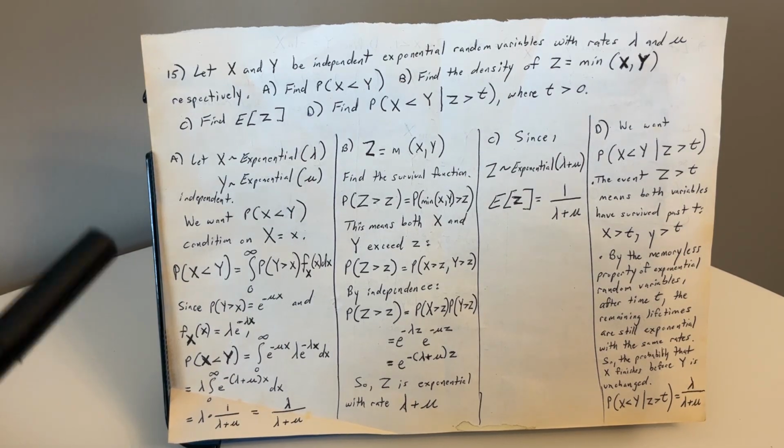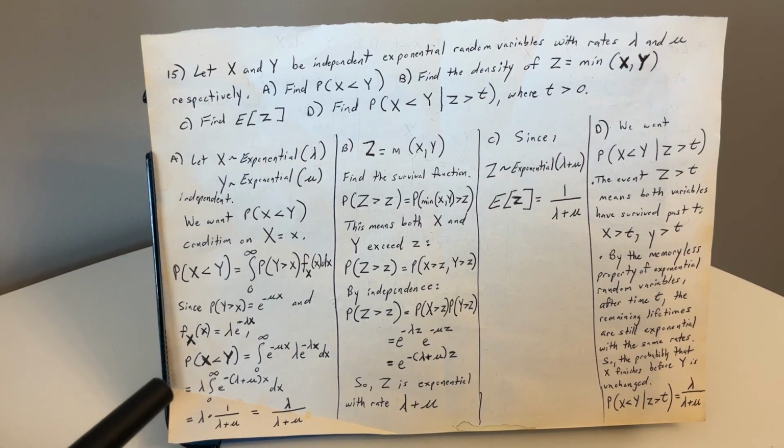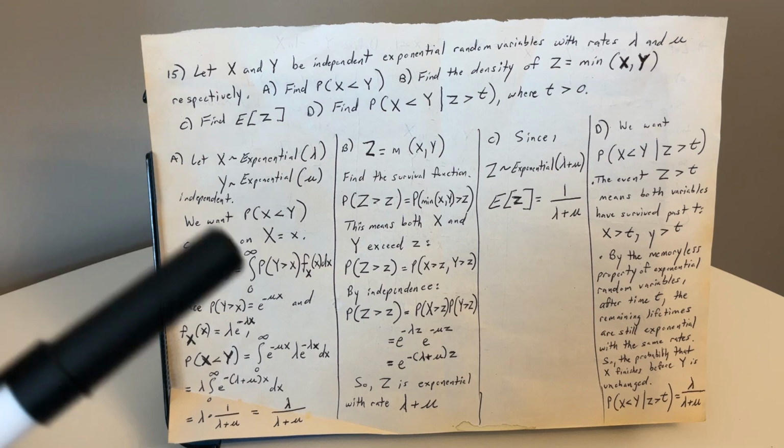If we go ahead and integrate that, you could try that on your own if you want to. That comes down to lambda times 1 over lambda plus u, which equals lambda over lambda plus u. So that takes care of letter A.